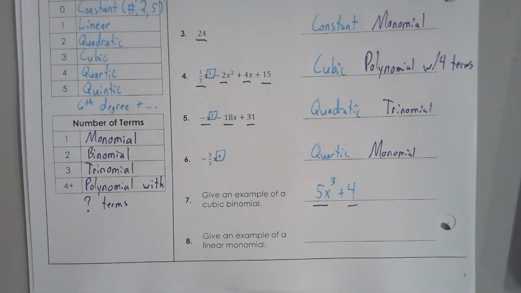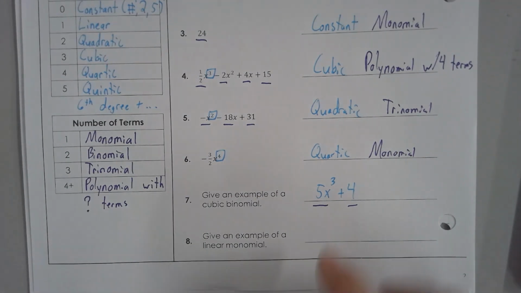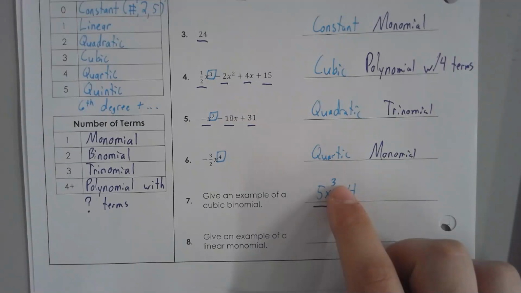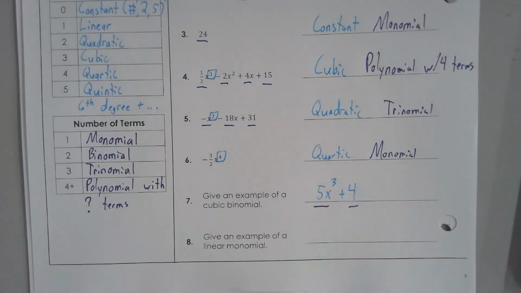Perfect. And you didn't have to write 5x cubed plus 4. You could write a ton of different things. As long as the highest exponent you have is 3 and you have 2 terms, then you're good. You could have put 10x cubed minus 17 and it's still right.